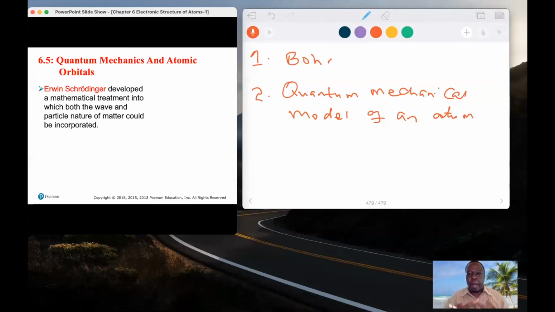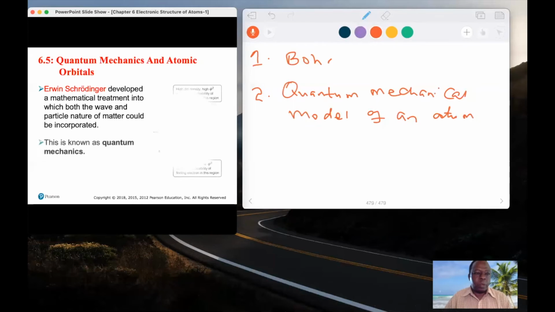He was trying to say, how do we really know where the electrons are? It's like giving an address where we can find the exact location of an electron in an atom, and he developed a mathematical equation we call the wave function.